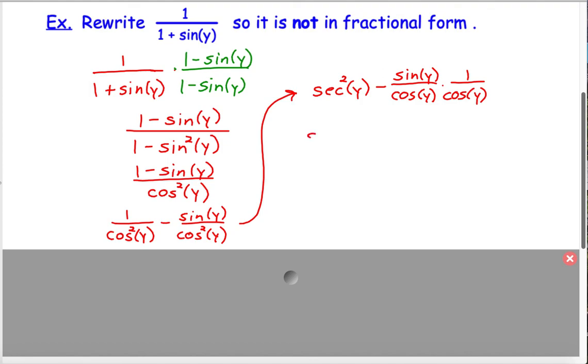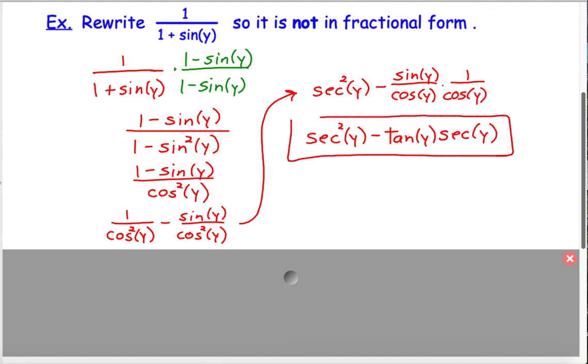But splitting it up that way, now I can take that first fraction, sine over cosine, and that's tangent, and 1 over the cosine, that's secant. So now I've rewritten my expression so it does not contain any fractions.